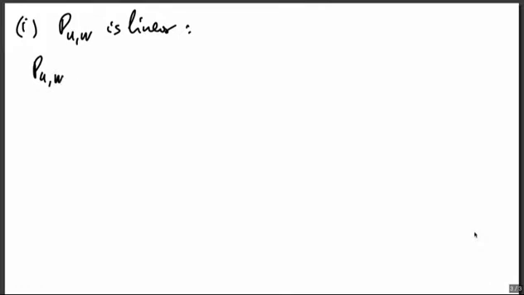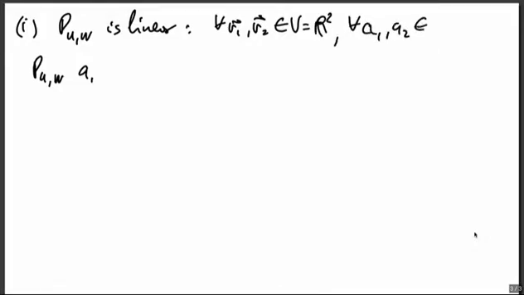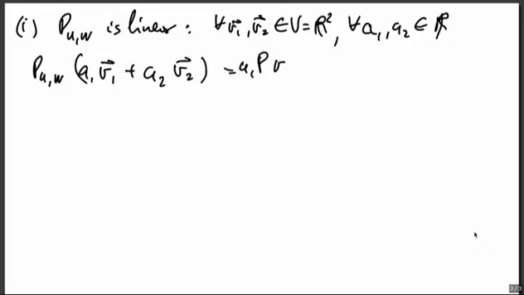Then, for example, we can show linearity, which was the first property. We already showed that this is a projection, since we defined it as one, but I want to practice the calculation of linearity and go through this using the formula. So we have to show that for all v1, v2 vectors in R2, and for all real numbers a1, a2, P of a1 v1 plus a2 v2 is the same as a1 P v1 plus a2 P v2.